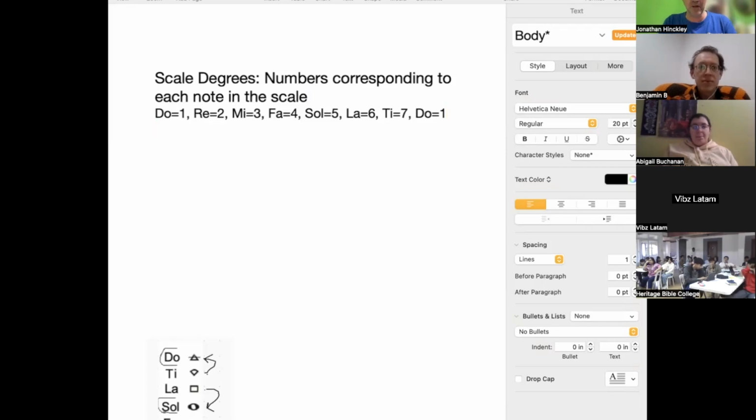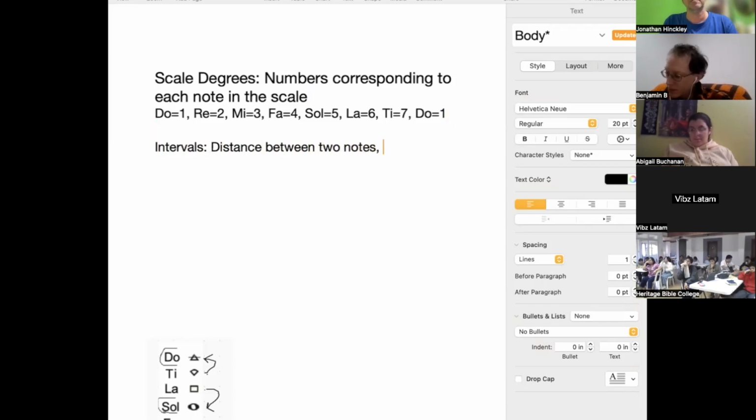All right, next of all, we'll talk about intervals. And intervals is either the space between notes. I better put distance, that's better, sorry. Distance between 2 notes. Or the 2 notes sounded together.